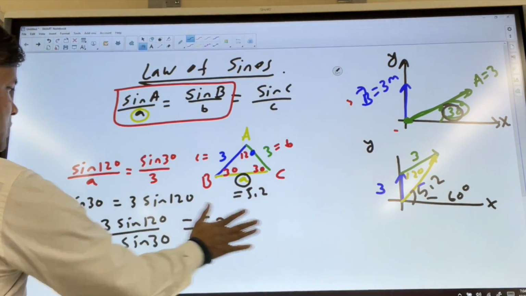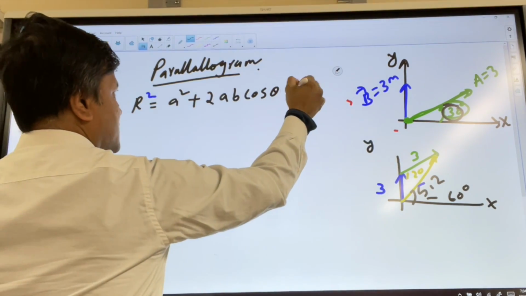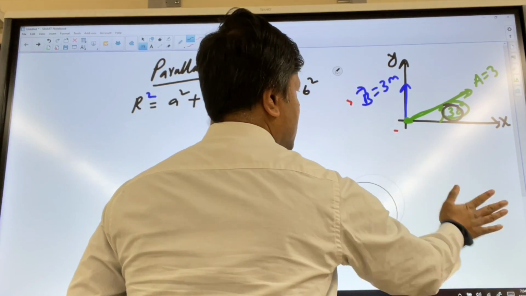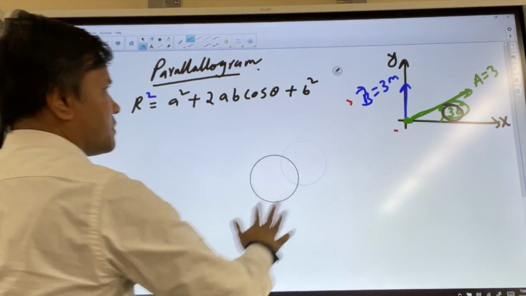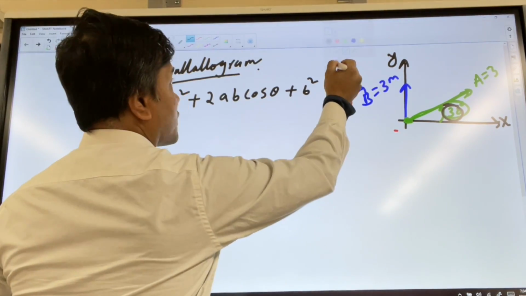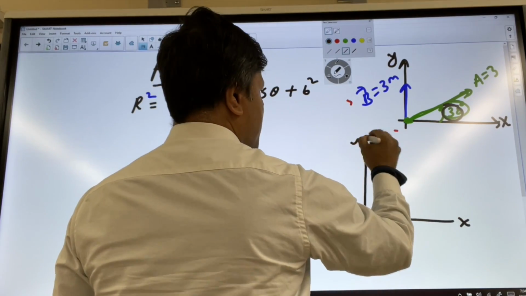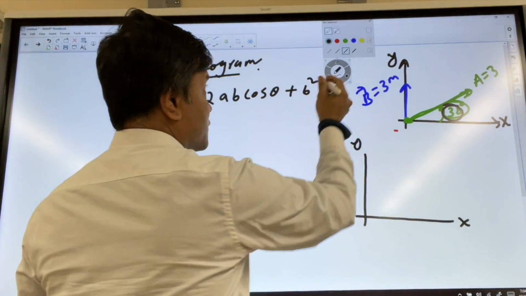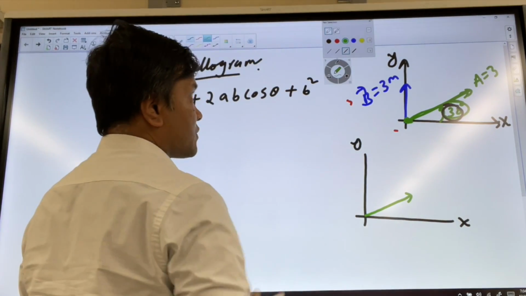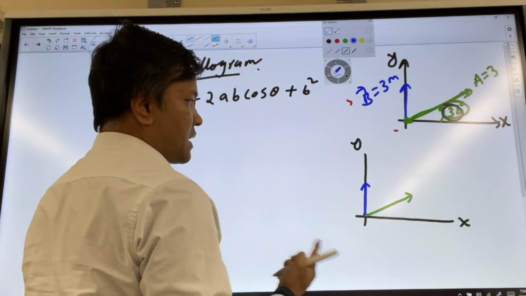All right, now I'm going to show you by parallelogram the resultant. Okay, so now let's use the parallelogram. First we're going to draw x and y. We're going to draw the vector A, and we're going to draw the vector B. Now we're going to draw the parallelogram.